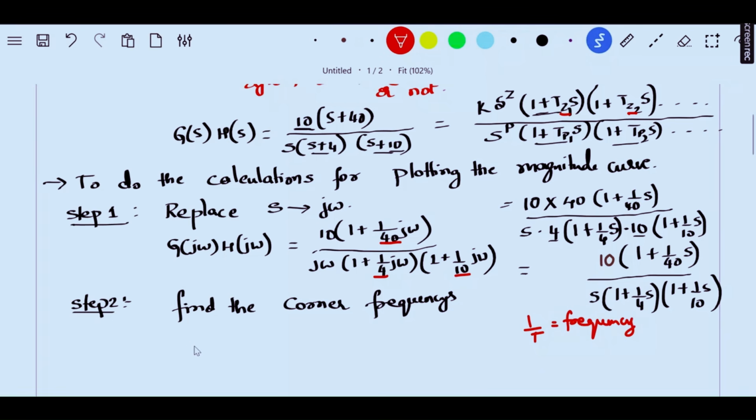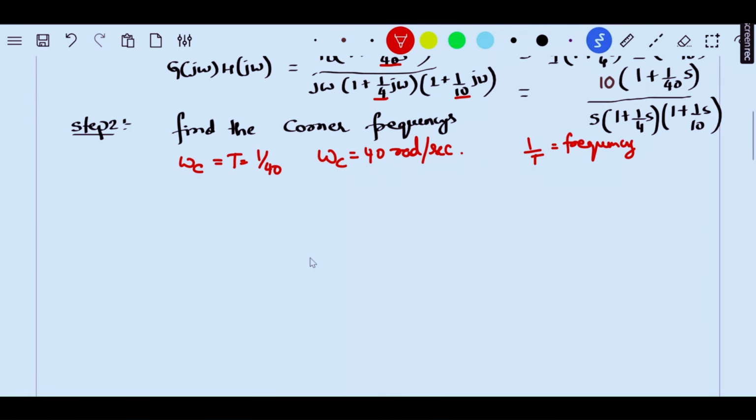Therefore, the first corner frequency which I am going to find out here is this 1 over 40. So this is T equals 1 over 40, and the reciprocal of 1 over 40 is the first corner frequency, which is equal to 40 radians per second. Let me calculate the second corner frequency, where T equals 1 over 4.